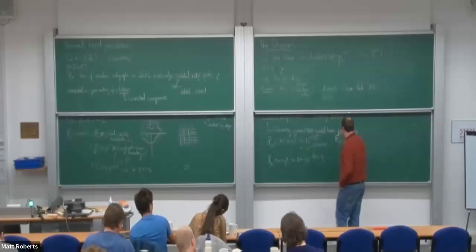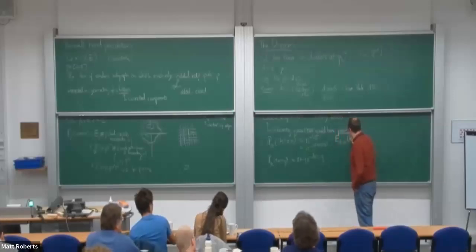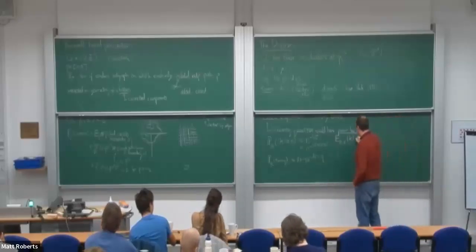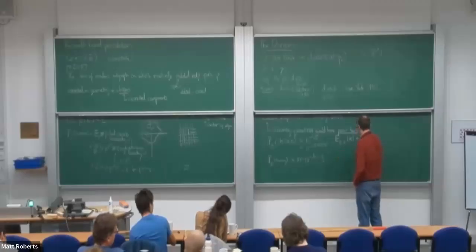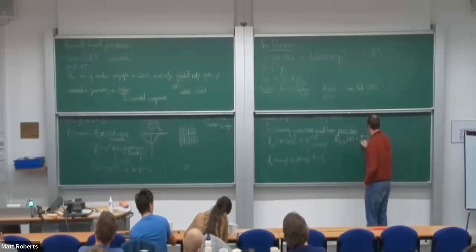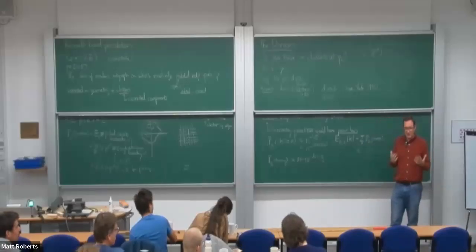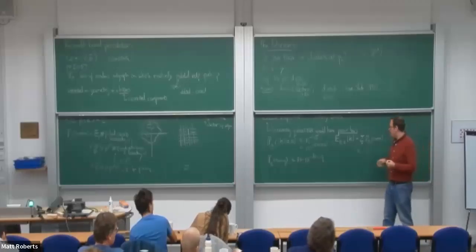One is we look at the expected size of the cluster at the origin. Of course, this is the same as summing the 2-point function. One of the most important basic theorems in percolation is called the sharpness of the phase transition.